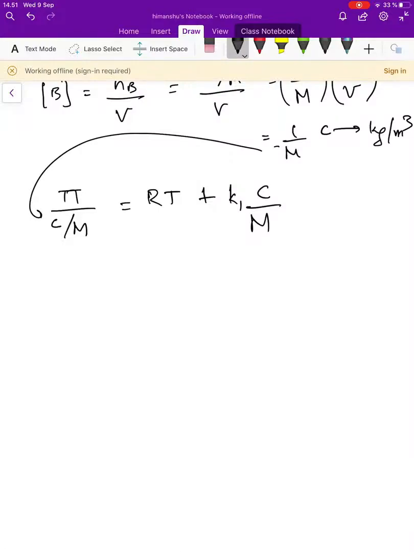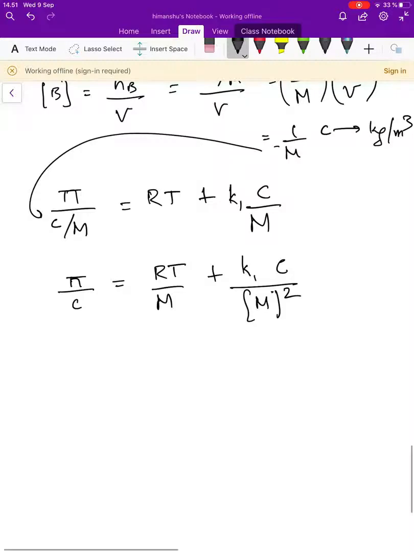If I divide the entire equation by c, I get osmotic pressure divided by concentration equals RT by M plus the constant K multiplied by c divided by the molecular weight squared.